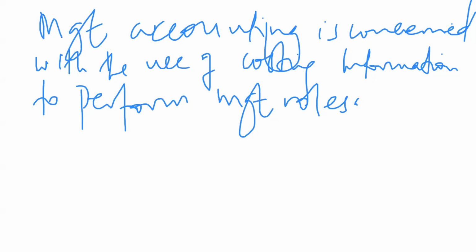But literally, these are two different disciplines, though they are related somehow, because one can't work alone. And that's why we have a course unit called cost and management accounting.